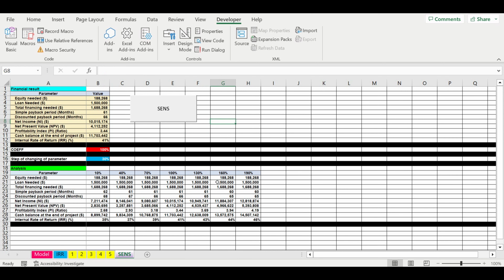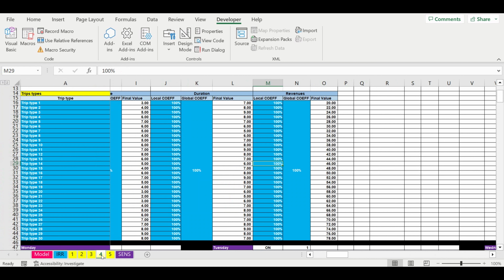So in this case, we are able to test what will happen with our business idea if we have 5 cars, and inside car number 4 we have coefficients from trip type number 15 to trip type number 30. We're increasing and decreasing the revenue specifically for these types of trips for car number 4.